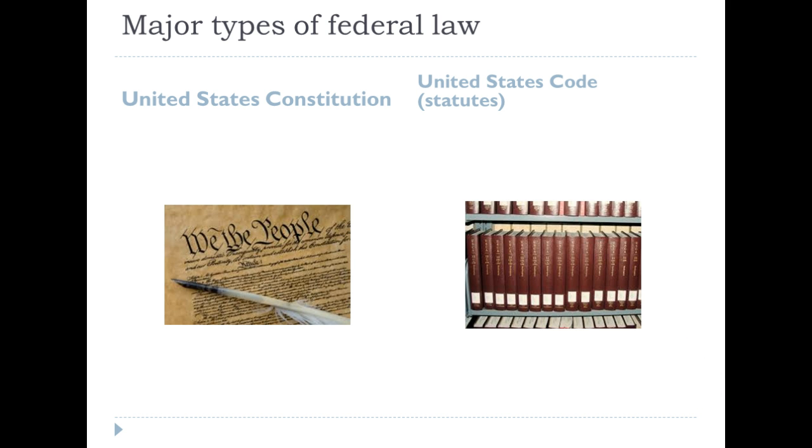So say there's a statute that gives you the right not to be discriminated against on the basis of gender by your employer, and you believe your employer has violated that right, you would bring a case against your employer under that particular federal statute, and that would be, again, a case arising under federal law.